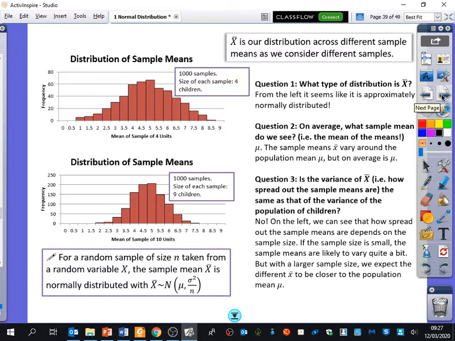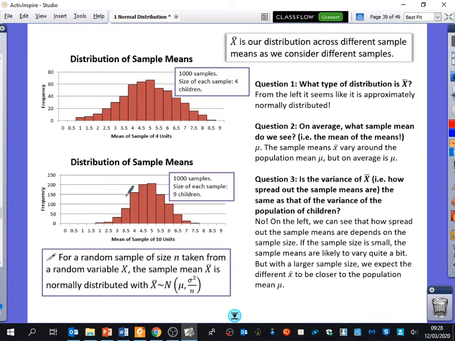next slide here. So X bar, this is now capital X bar, is our distribution across different sample means as we consider different samples and different sample sizes. So I've got these 2 different things here. This one is taking a mean of a sample of 4 units. So when you take 4 units, in other words, we just took 4 children, we've got this kind of spread out shape over here.